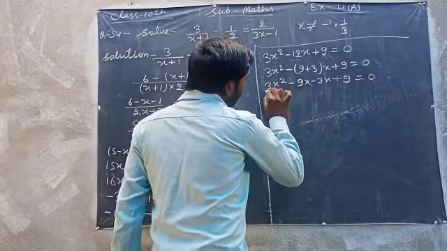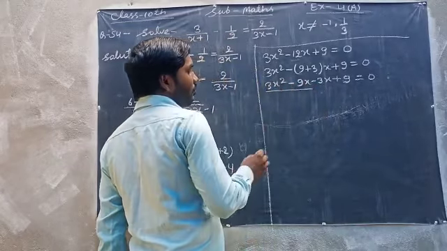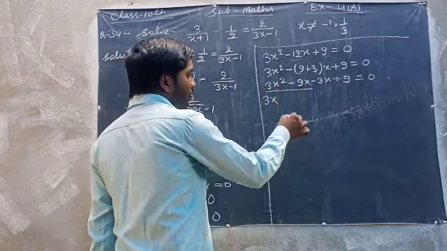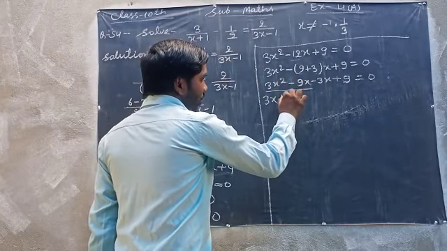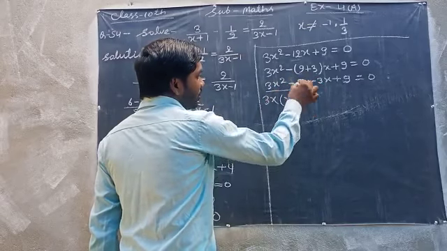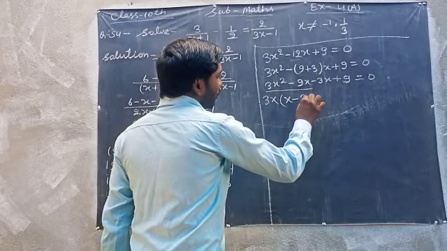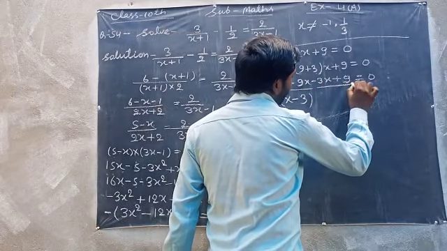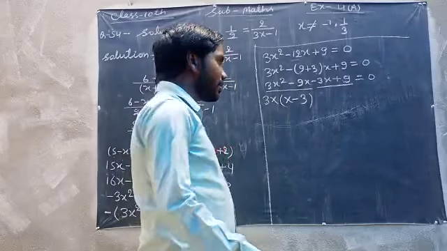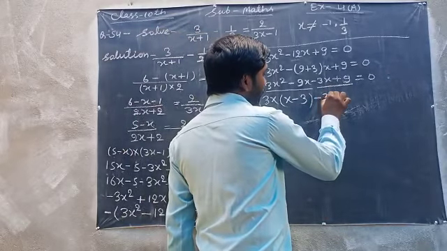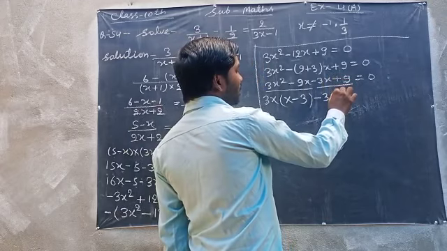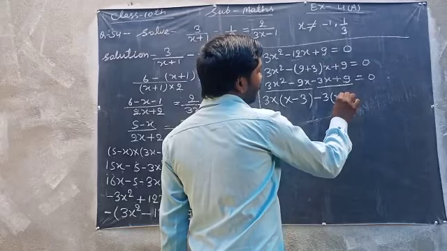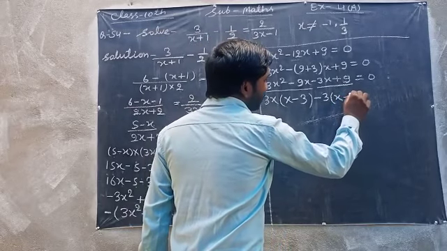Now from these two parts, we will take common 3x. So when we take common 3x, here x will remain, and here 3 3s are 9, so 3 will remain. From these two parts, we can take common minus 3. So when we take common minus 3, the x will remain and it will become plus, and in place of plus, this minus will come.